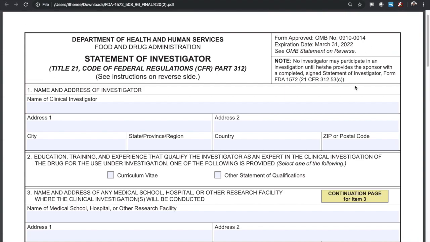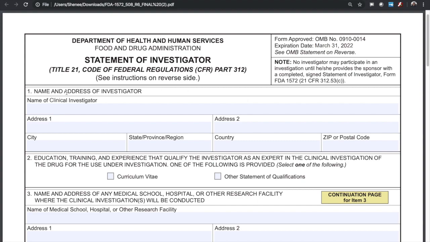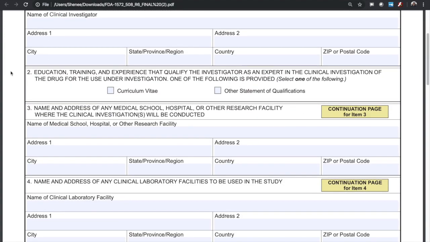Like I mentioned before, it does have the name and address of the investigator, of the clinical investigator, where the doctor can be found. Okay. Box 2 is the education, training, and experience that qualify that investigator as an expert in the clinical investigation of the drug for the use under investigation. So typically, pharmaceutical companies and CROs have an obligation to make sure that the doctors and the investigators that they're selecting are qualified. So here's how it works.